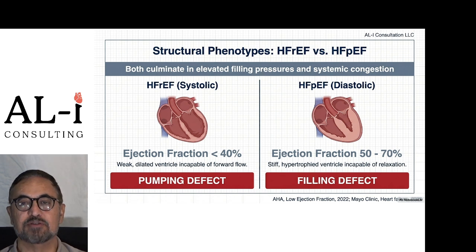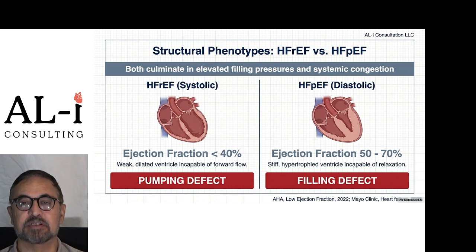Now, heart failure is often regarded in two buckets: heart failure reduced ejection fraction and heart failure preserved ejection fraction. There's also heart failure mid-range ejection fraction being recognized nowadays. Heart failure reduced ejection fraction is where the ejection fraction is less than 40%. The heart is weak and dilated. There's a pumping defect.